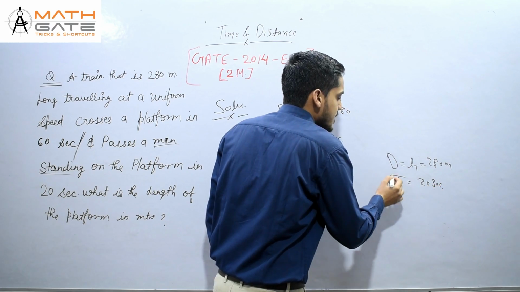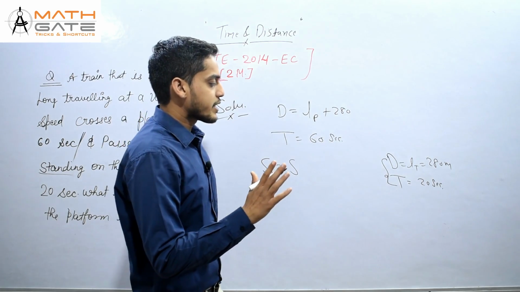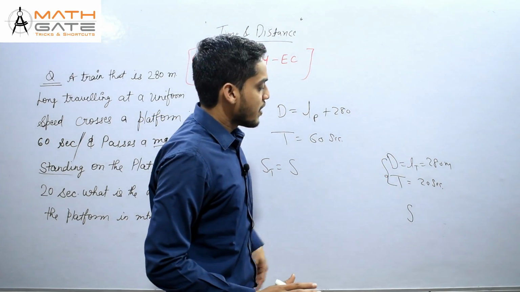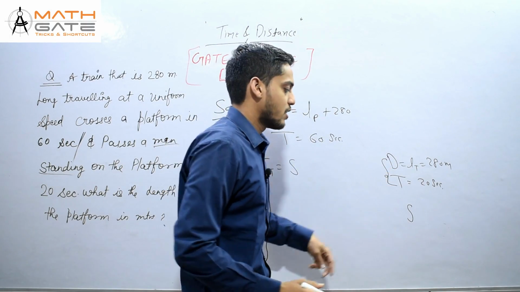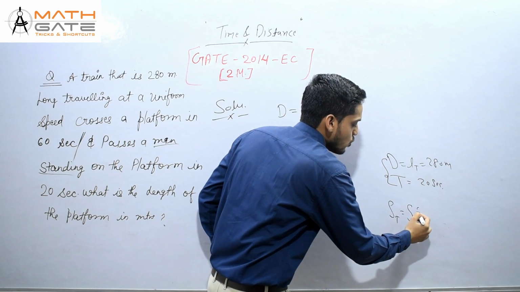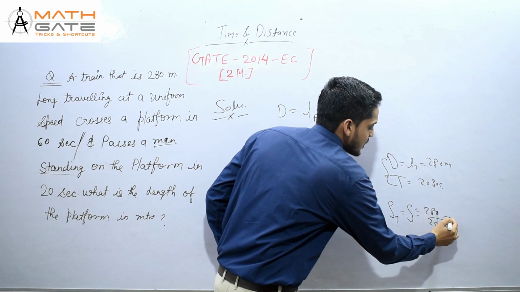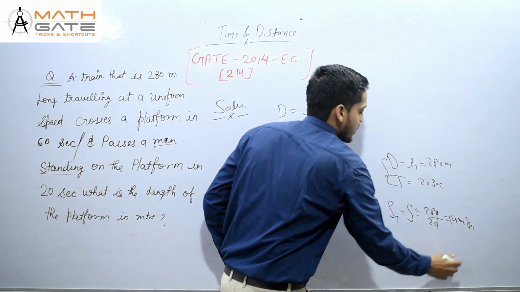So in this case we have distance and time, can we find the speed? Sir, when the train passes a standing man, the speed in that case must be equal to the speed of the train. So speed of train equals 280 upon 20. Answer is 14 meter per second. 14 meter per second is the speed of the train.